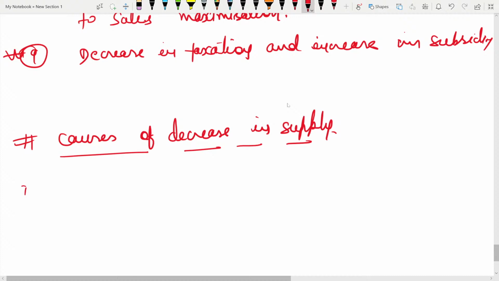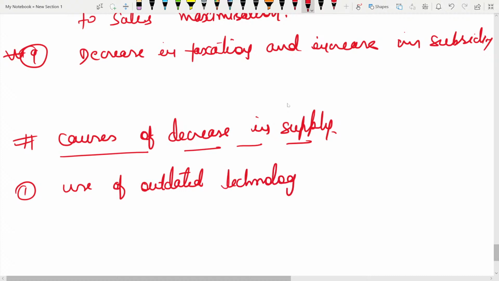Okay. So first of all, use of outdated technology. Outdated technology causes a fall in efficiency and rise in cost of production. So what happens if any of the producers use outdated technology?